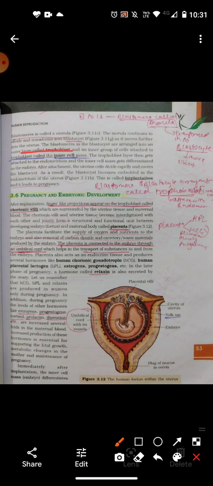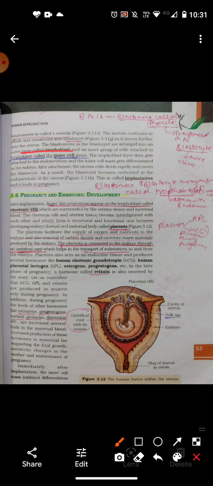Tropho means to feed. This draws food for the yolkless embryo from the uterine circulation of the mother. It does not form any part of the embryo proper, but forms protective and nutritive membrane, which eventually forms the fetal portion of the placenta.